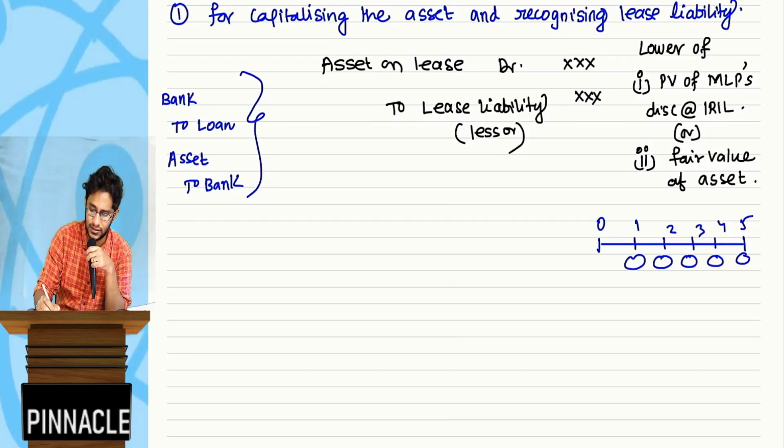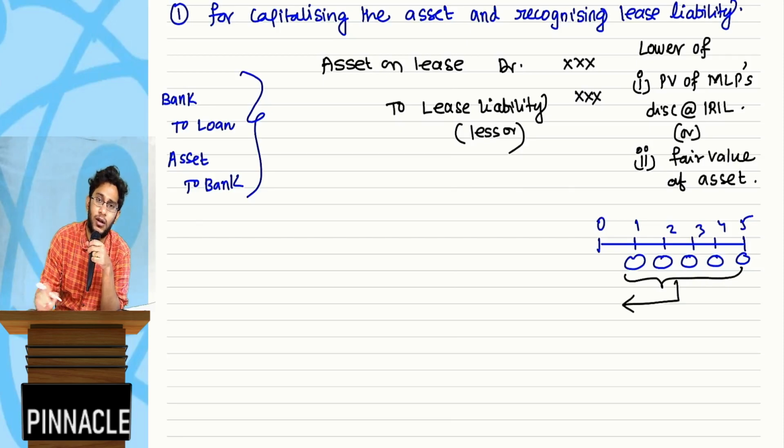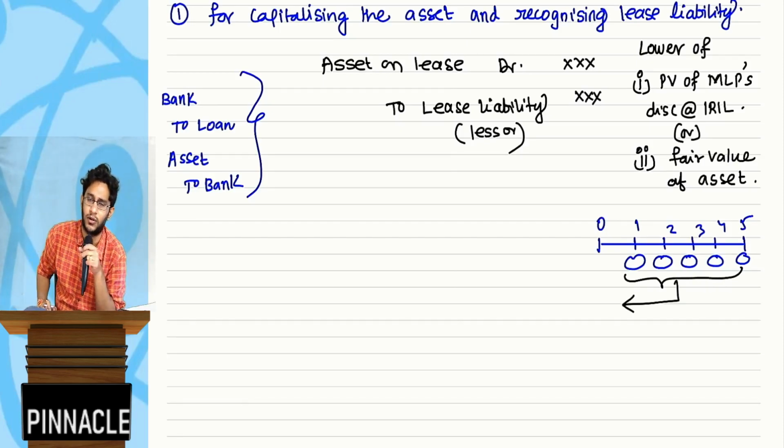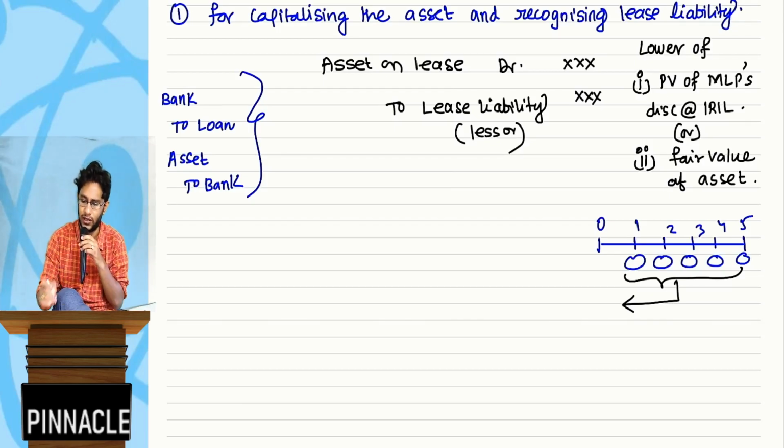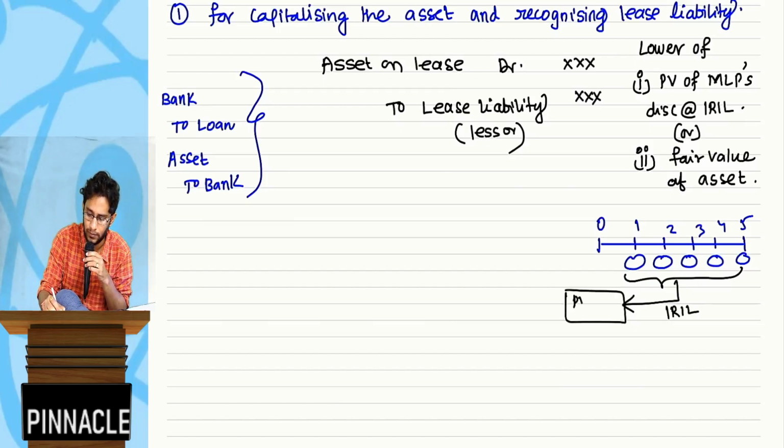What the standard says is, since these are your installments which you have to pay over a period of 5 years, all these installments are discounted to today. At what rate should they be discounted? Whatever interest rate is there. Who charged interest in lease payments? Lessor. So go to the lessor, find out what is the interest rate implicit in lease, work that out, and using that IRIL you have to discount, sir, and you will get the PV of MLPs.